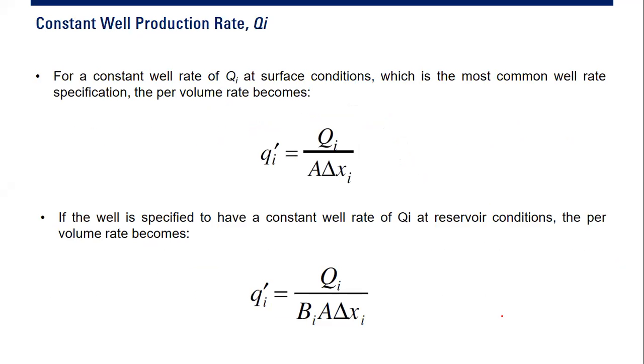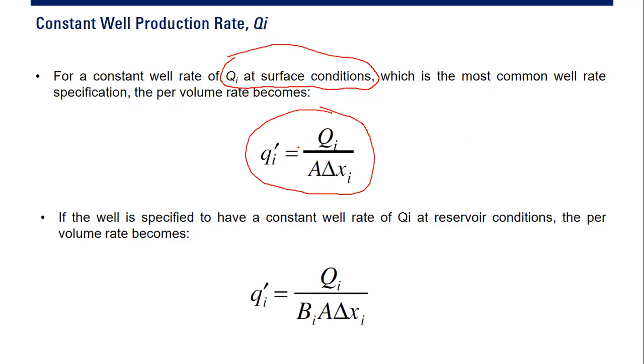Now, constant well production rate Qi. For a constant well rate of Qi at surface condition, be careful, it's big Q, Q besar. We use this one for surface flow rate, which is the most common well rate specification. The per volume rate becomes this one.